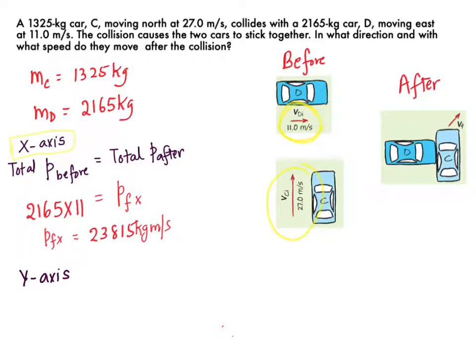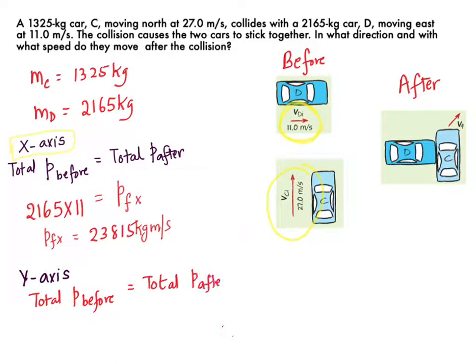The y-axis means we focus on car C, which was moving along the y-axis. We are not going to look at car D here because before the collision, car D was moving along the x-axis. So before the collision, we focus only on car C when taking the y-axis.